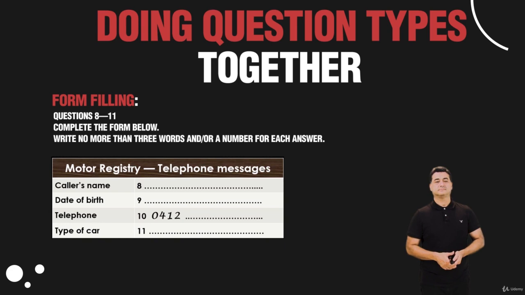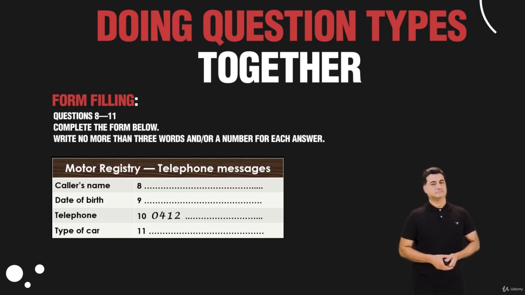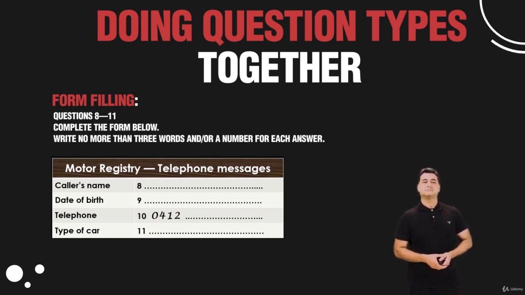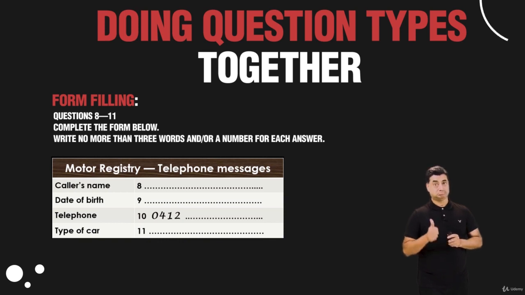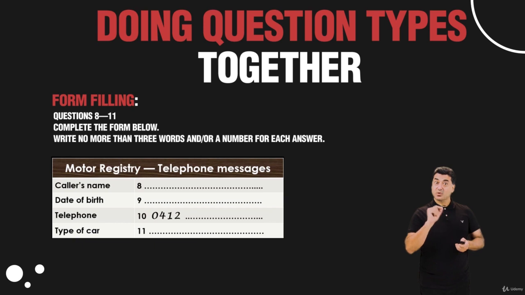Listening Section 1. Extract 1. Questions 8 to 11. Good morning, Motor Registry. Oh, good morning. I'd like to arrange a day to take my driving test. OK. Have you done the knowledge test yet? Yes, I've passed that. I got 99%. Right. What's your name? And I'll just check that on the computer.